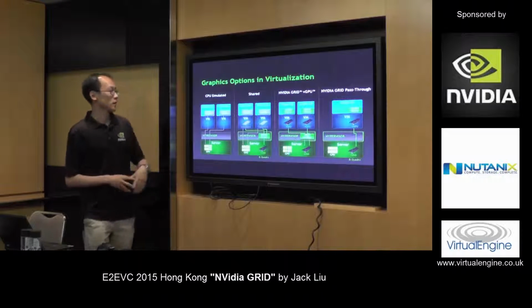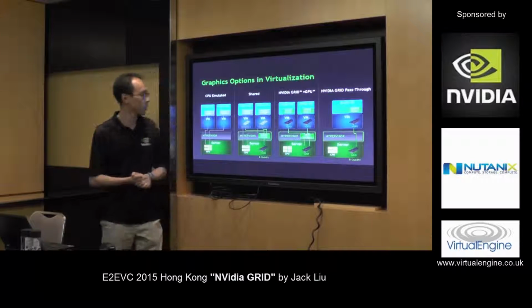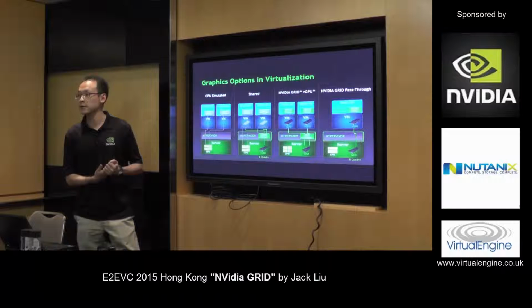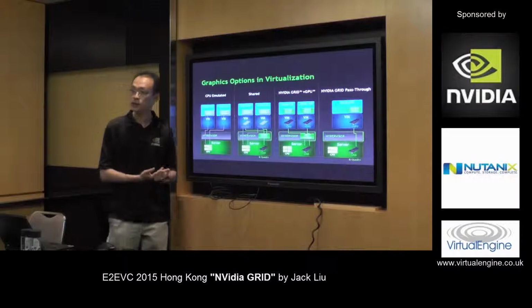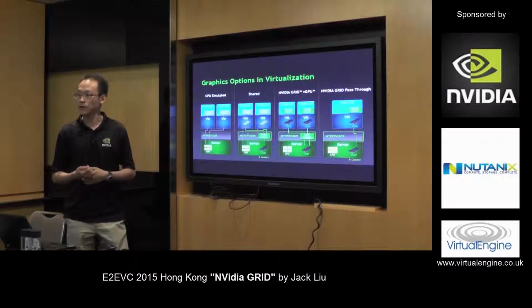Then we came up with shared graphics models like RemoteFX or vSGA, or even some like NAS, so it's like shared graphics in the Linux environment for oil and gas customers.